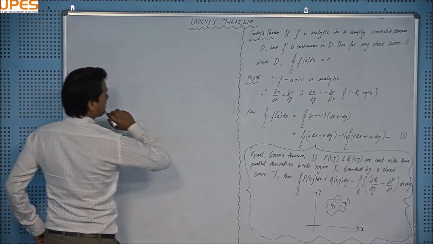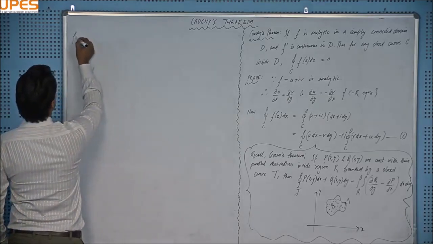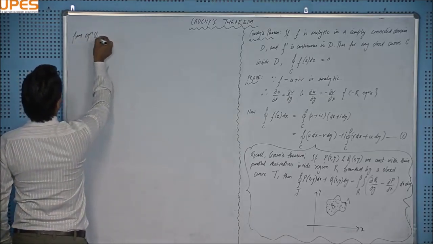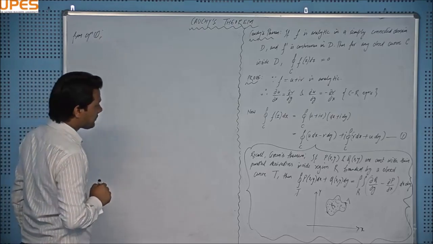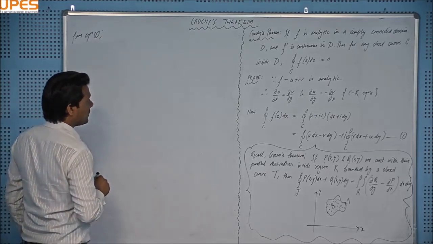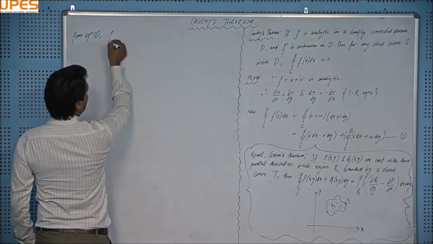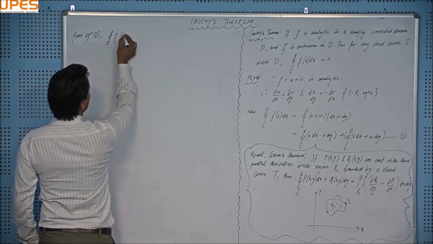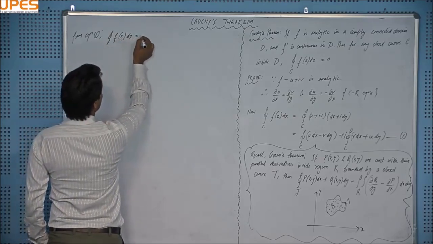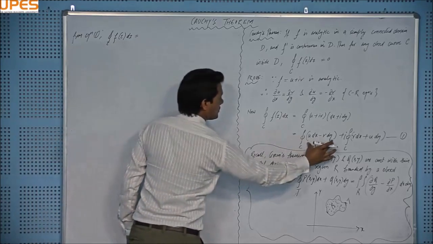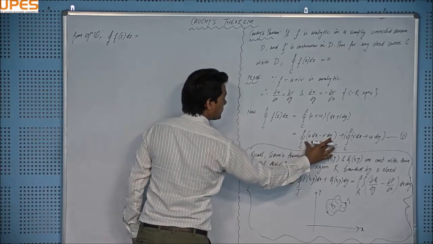Now from equation 1, the integral over C of f(z) dz equals this, using Green's theorem on this integral.